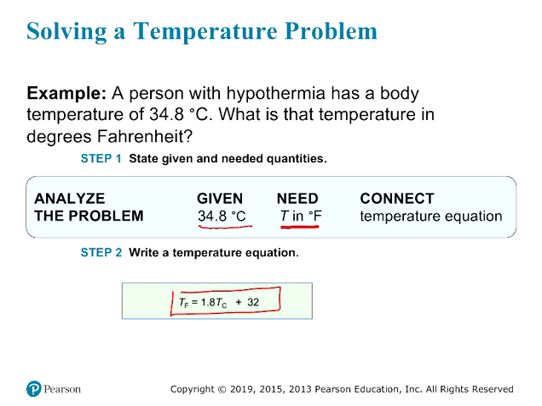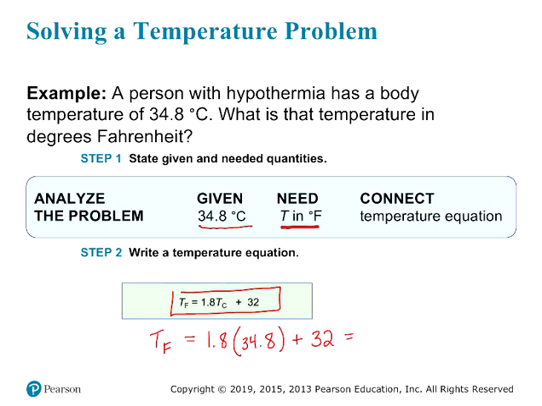Okay, so let's figure out what our temperature in Fahrenheit is. We have 1.8, and then we're going to plug in the temperature in Celsius, which is 34.8, and then we're going to add 32. I'm going to plug this into my calculator.